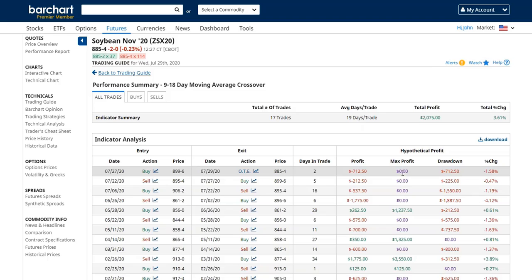Plus, what we can see here is that our maximum profit on our entries never gave us a profit. In other words, we got the signal, we took the closing price, the settlement price, and the next day, the market didn't even reward us. It actually moved in the opposite direction and eventually stopped us out for a loss.